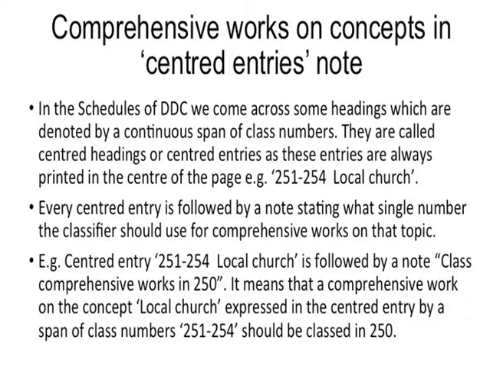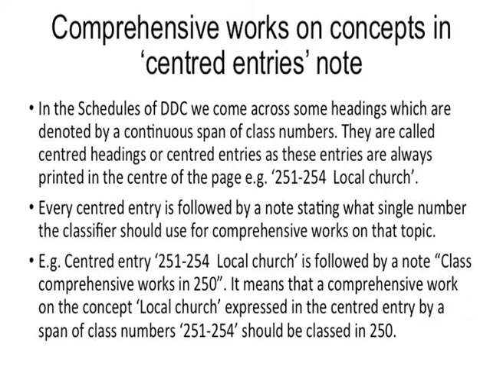Every centered entry is followed by a note stating what single number the classifier should assign for comprehensive works on that topic. For example, a centered entry we just discussed is 251-254 local church. So, if this topic has been dealt with in general, it is followed by the note, class comprehensive works in 250.